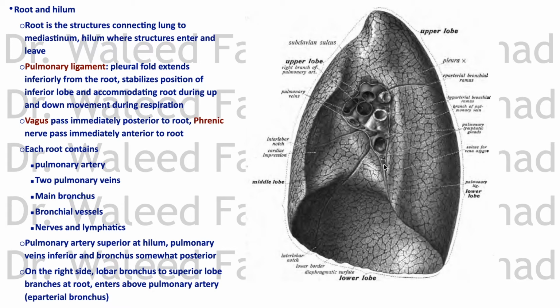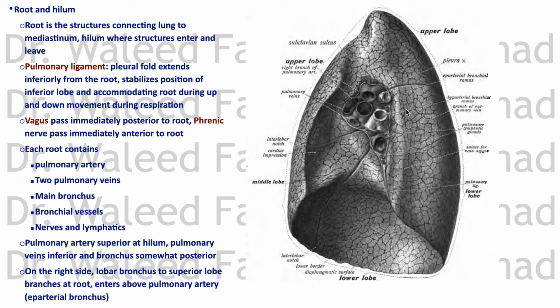This is the pulmonary ligament that allows for the descent and ascent of the lung during respiratory movements. Also recall the fact that immediately in front of the root passes the phrenic nerve, and immediately behind the root passes the vagus nerve.